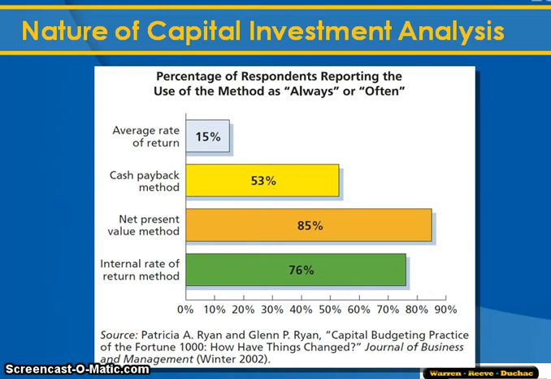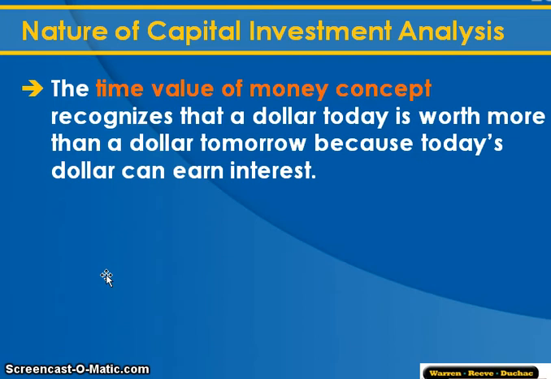Now, the idea here is that these first two, as I mentioned, do not use what's called the present value method, the time value of money. And these do consider the time value of money. The time value of money concept basically shows you that $1 today is worth more than $1 tomorrow.